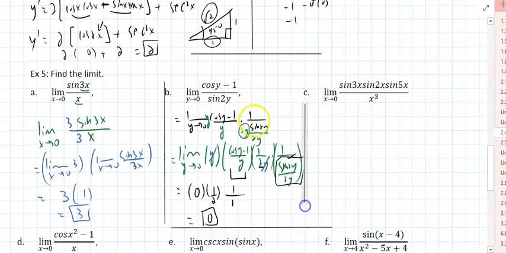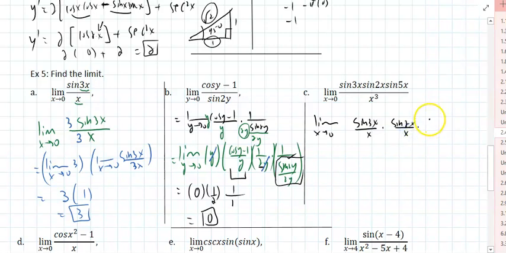And if I get to the last problem, this is the limit as x approaches 0 of the sine of 3x over x times the sine of 2x over x times the sine of 5x over x. Well, here I multiply by 3 top and bottom, here I multiply by 2 top and bottom, and here by 5 to match.